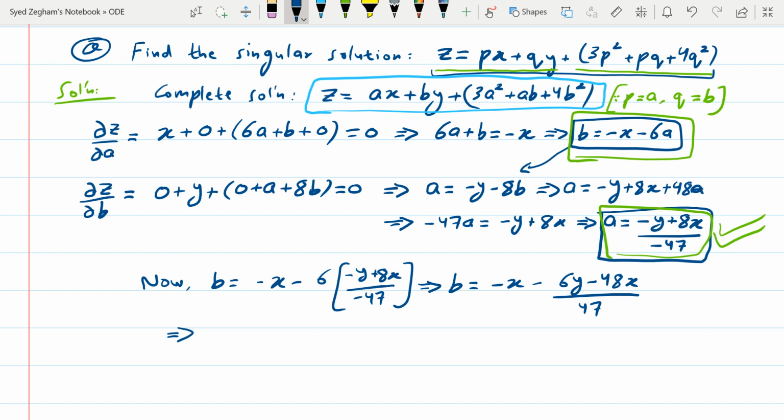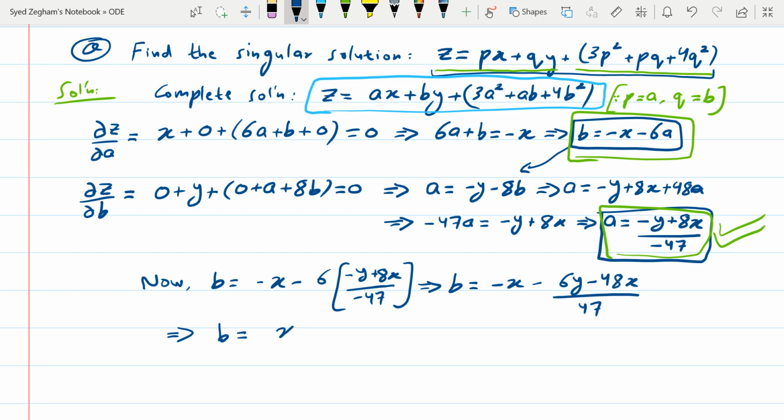This implies that b will be equal to, so this will be minus 47x and here it will be plus 48x.